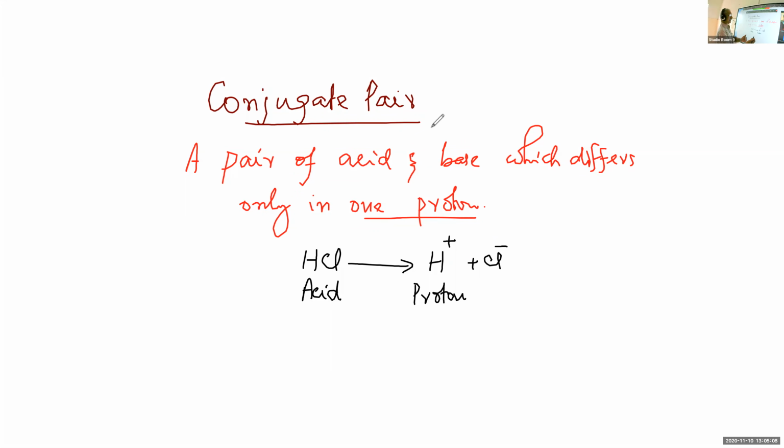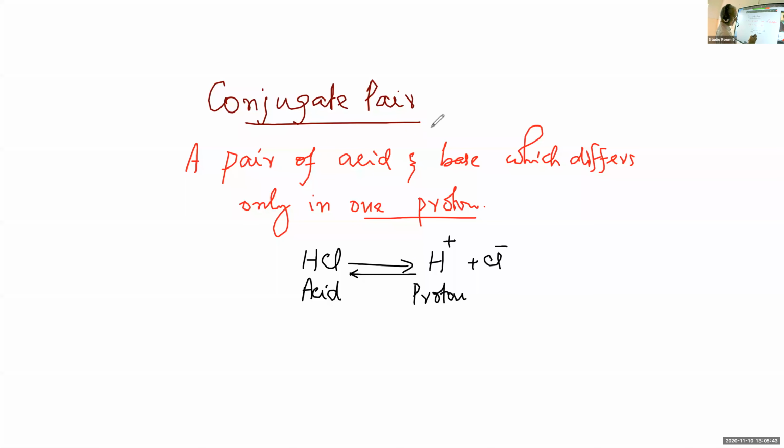Now think of the reverse reaction. That is, chloride ion, Cl minus ion, plus H plus ion giving HCl. In the backward reaction, Cl minus ion can accept a proton to form HCl.